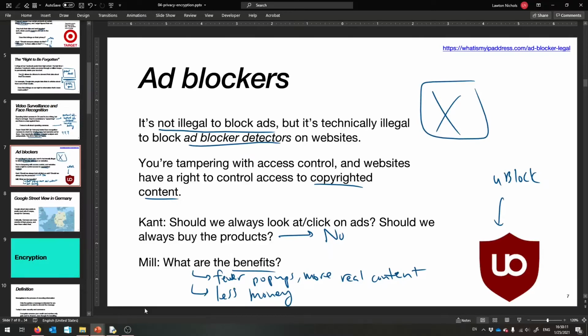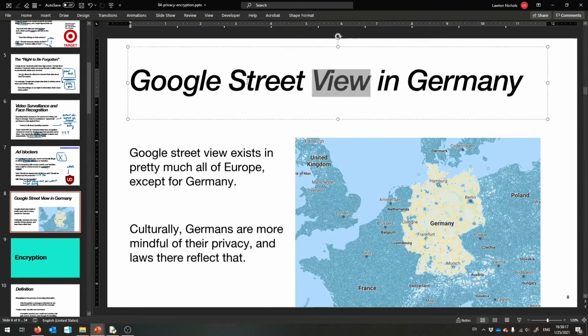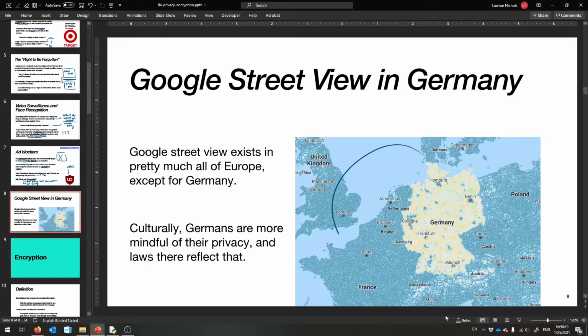Okay, one last example about this privacy stuff. Let us talk about Google Street View. Okay, this is a little map. If you see blue, here are all the little tiny streets that have Google Street View on them. And then there's a huge gap in Germany.